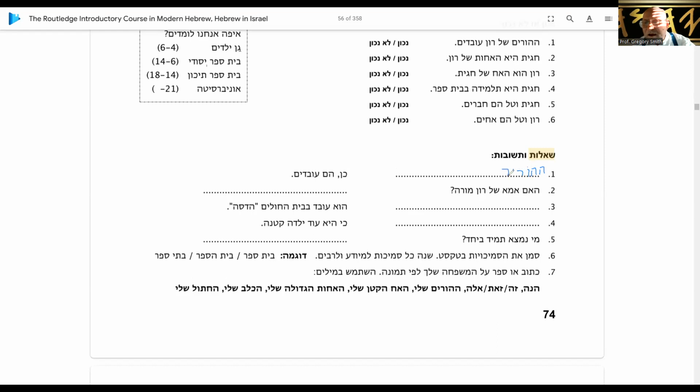I put the holem in there to give that O sound. Hahorim and then shelcha. We're going to use a chafsafi, and you might see a patach in there, but you're not going to see that in modern Hebrew. I'm just adding that in there. And ovdim.